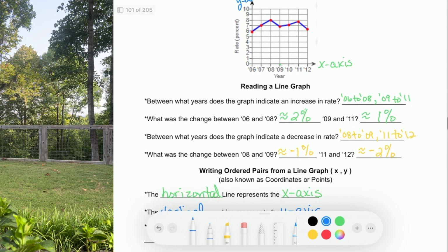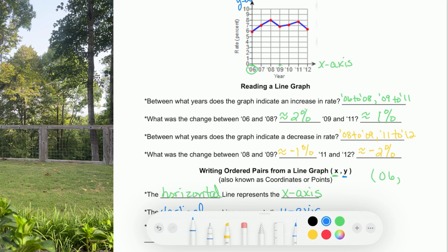Now the other thing to notice is that the y part of your coordinate is always the second number listed, and the x part of your coordinate is always the first number listed. So we're going to list our coordinates over here to the right, and then we'll transfer them to our blanks that I provided you.